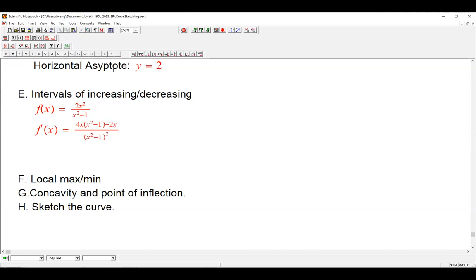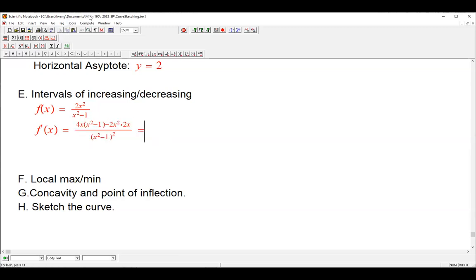Subtracting now 2x squared, the derivative of x squared minus 1 is 2x. So, simplify. I can factor out the 2x here, right?